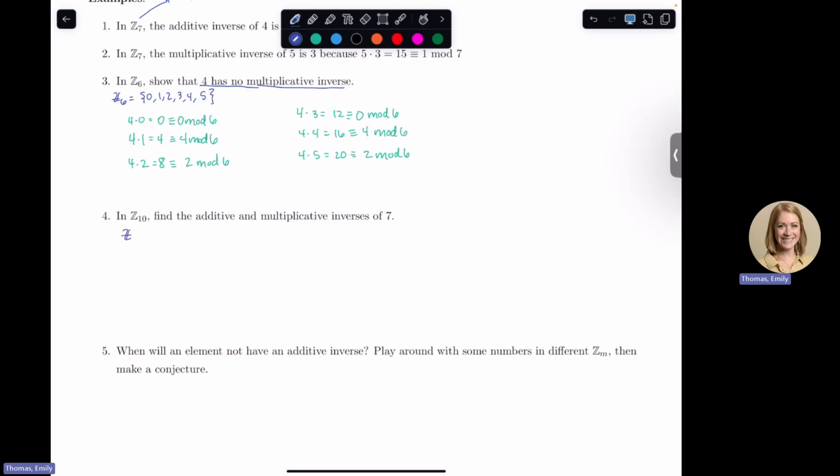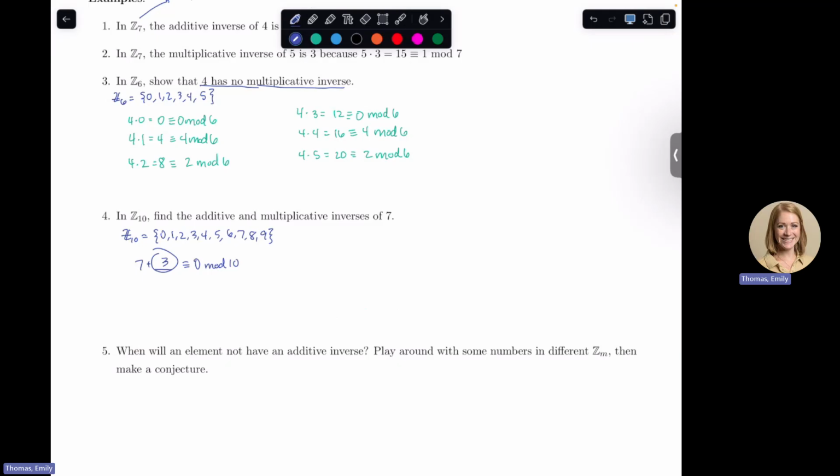So what's Z10 look like? I want to know 7 plus something is equivalent to 0 mod 10. It is 3.